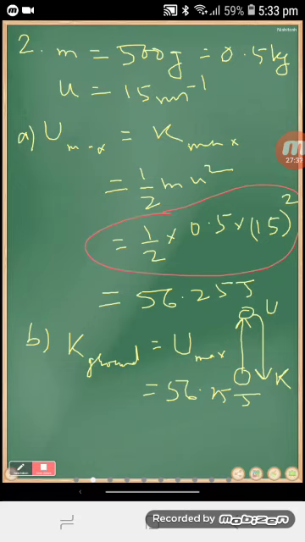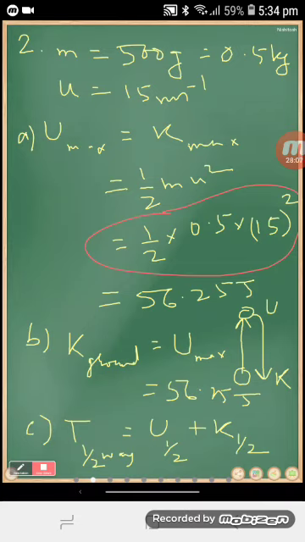Now C part asks you the total energy at the halfway point. So in between, that is in the middle, the total energy will be U half plus K half. Half here represents the halfway point.